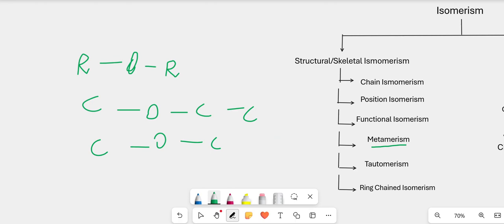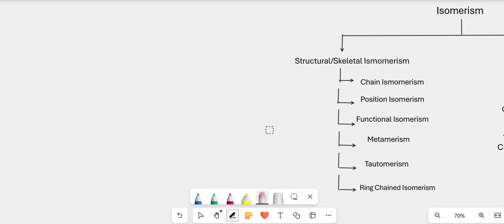Now let's talk about tautomerism. In tautomerism, there is a transfer of a proton within the same molecule, due to which the molecules look different, but they are the same. They are isomers. So let's take an example of amino acids.